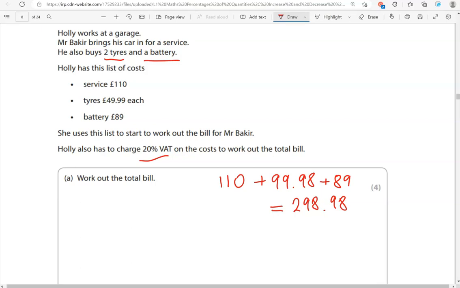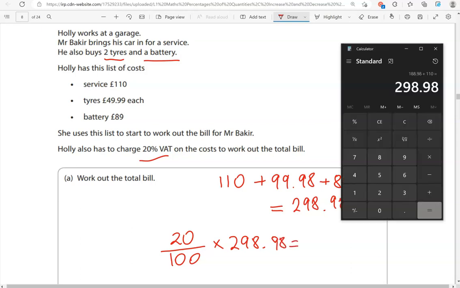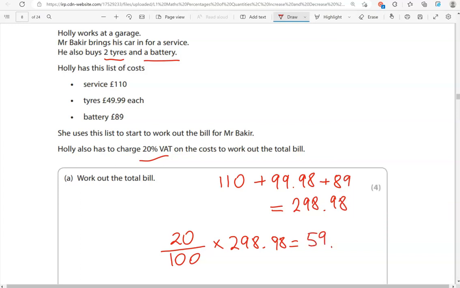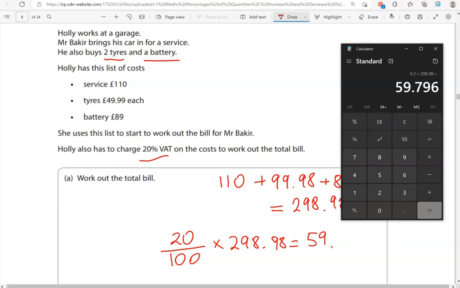And we've got to add 20% VAT. So 20%, that is 20 out of 100 of the amount, which is £298.98. So in the calculator we can do 20 divided by 100 times 298.98, which is 59.796.